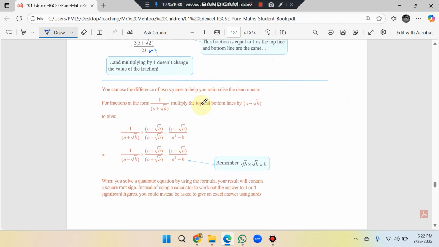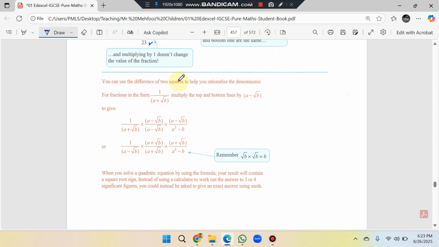Okay, the next one is, you can use the difference of two squares to help you rationalize the denominator. So in the rationalization of the denominator, we can use the formula, that is the difference of squares. A fraction in the form of 1 over a plus square root of b, multiply the top and bottom line with a minus square root of b, because here you can see that in this term we have a positive sign, so we multiply it with the negative sign, right?